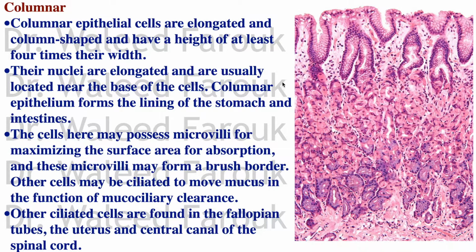It also lines the uterus and the central canal of the spinal cord. In the central canal of the spinal cord, it's called ependyma, and the cilia are for the movement of the CSF. Remember that.